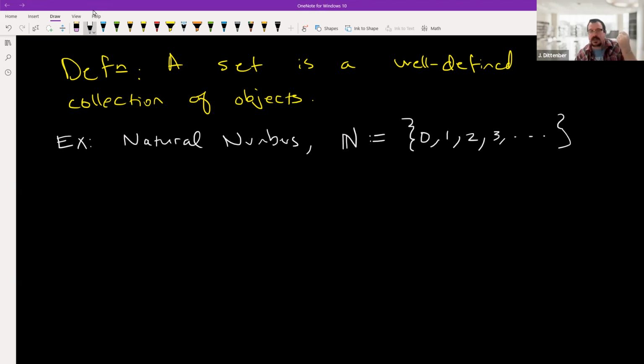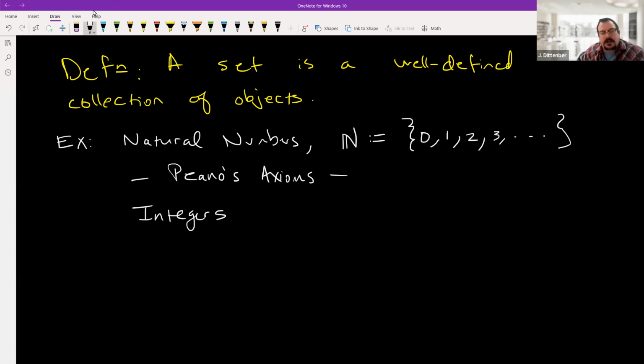We're taking 0 to be a natural number because later on we're going to use something called Peano's axioms to construct the natural numbers. Right now we won't, though. And then the next example will be the integers.